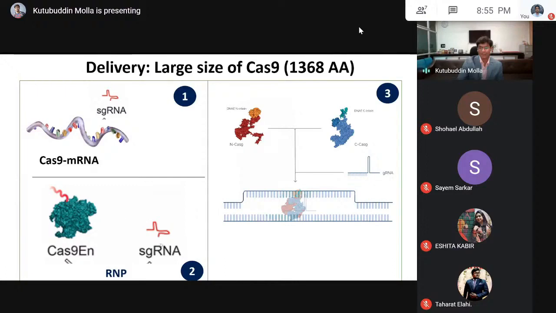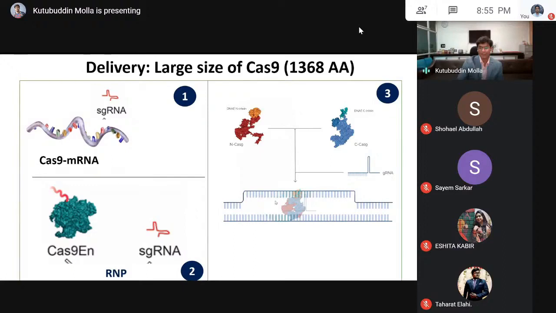Similarly, in the second way, RNP can be used. RNP is ribonucleoprotein, a combination of protein and RNA. You take purified Cas9 protein and the guide RNA, complex them outside, and then insert them into the human cell to make an edit.